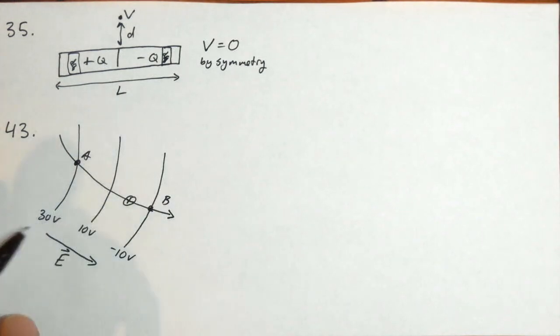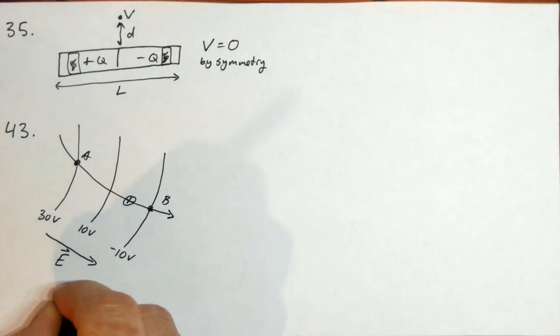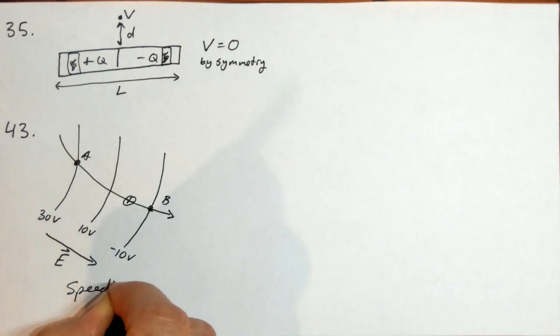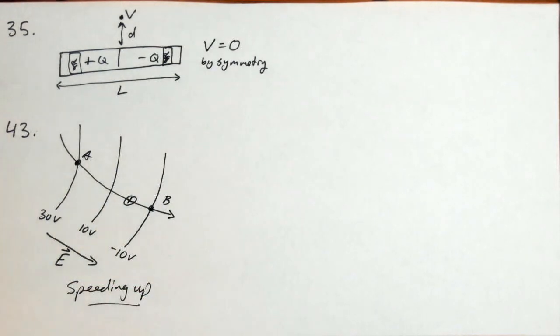So the positive charge wants to move along this electric field, which means it must be speeding up. Okay? And doing something like that is really valuable to make sure it's clear, and it helps to get you ready to solve the math. So that's the concept there: we know it should be speeding up because it's following the electric field, because electric fields point towards lower potential.